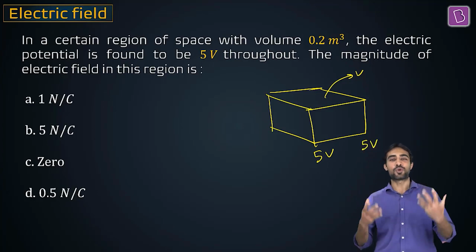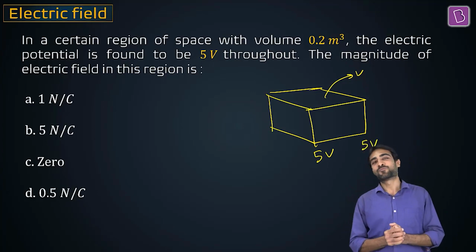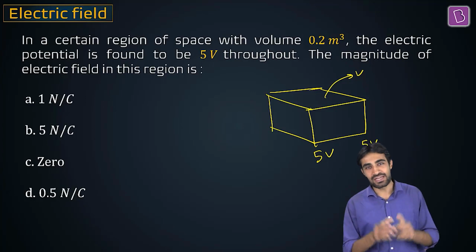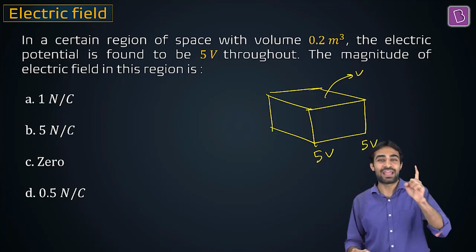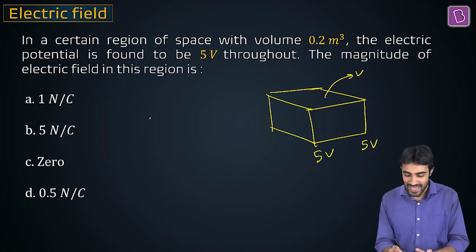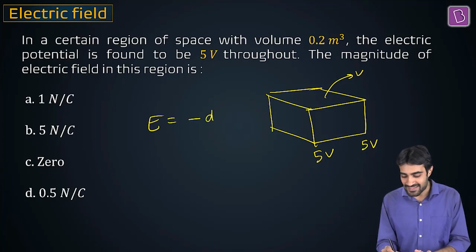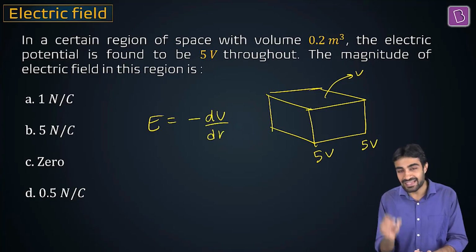So what is the magnitude of electric field? Now, what is the formula for electric field in terms of potential? You would say E is equal to minus dV by dr. Exactly.